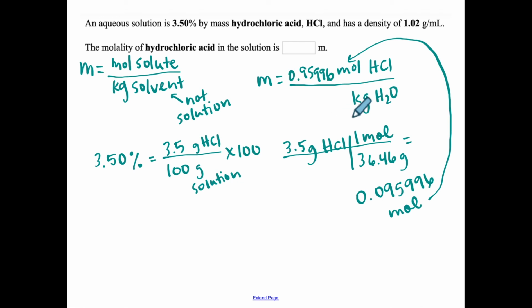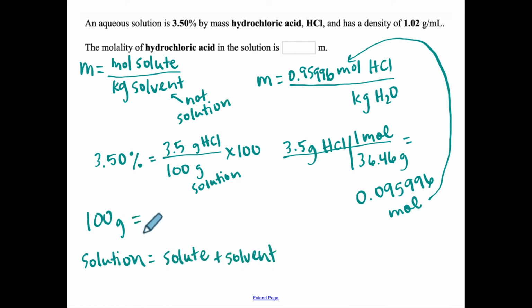Okay, now I want to find the kilograms of the water. So if I know that I have 100 grams of the solution, and the solution itself is equal to the solute plus the solvent. So 100 grams equals the mass of the solute, which is 3.5 grams, plus the mass of the water. We can figure out the mass of the water by taking 100 minus 3.5.